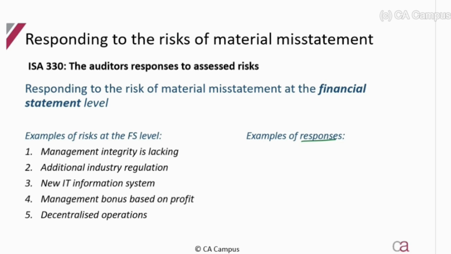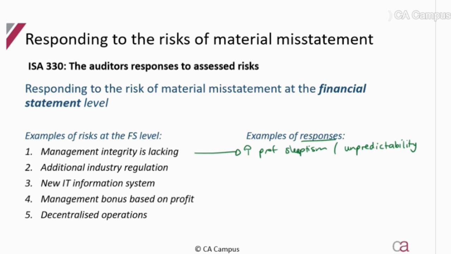So we could respond by increasing professional skepticism. Question things, question balances or transactions. Or we could be more unpredictable in the way we conduct the audit. Choose different balances and transactions, different samples, so they can't predict what we're going to do.